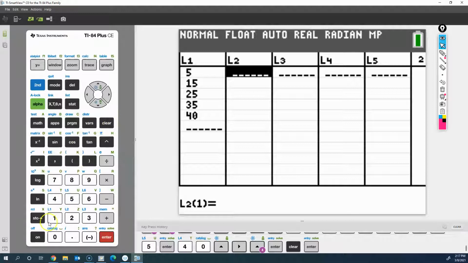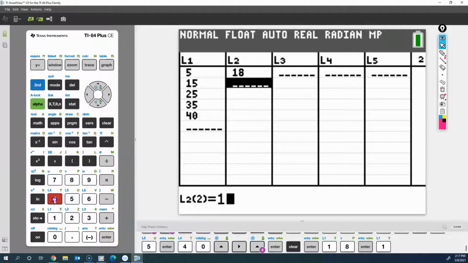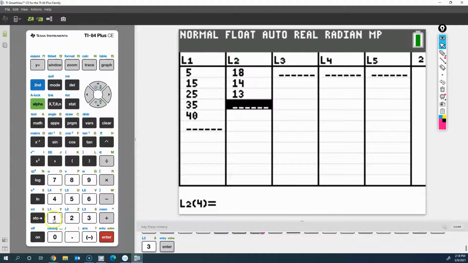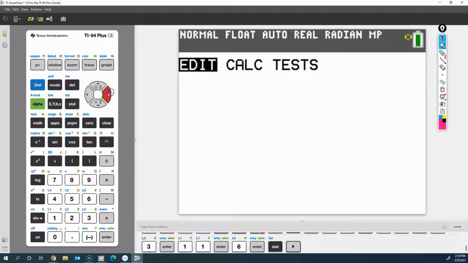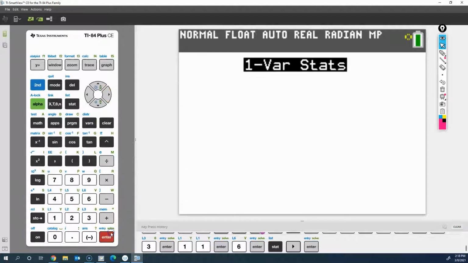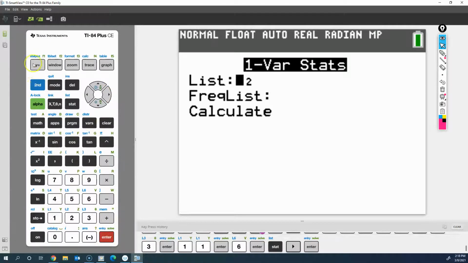And that's 18, 6. And then it's just stat, calculate. Okay, the values are in L1. The frequency list is in L2. And then I calculate.